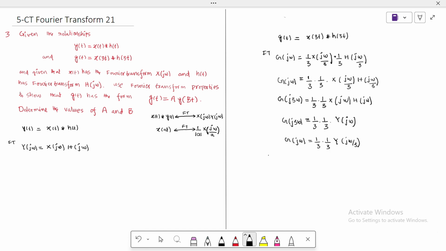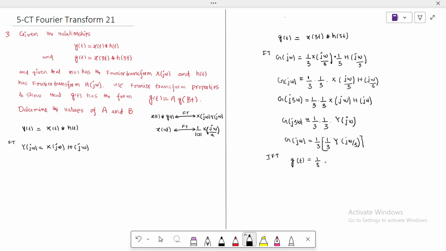Now apply the inverse Fourier transform. So g of t equal to 1 by 3 here. This looks like a scaling property, is it?